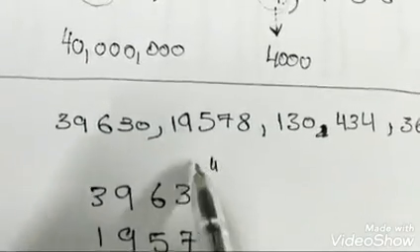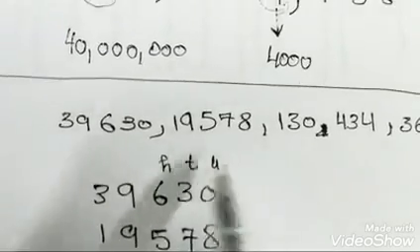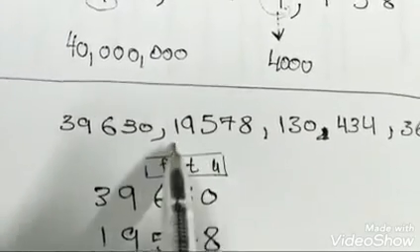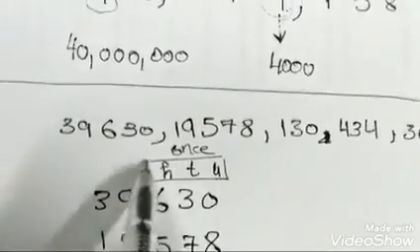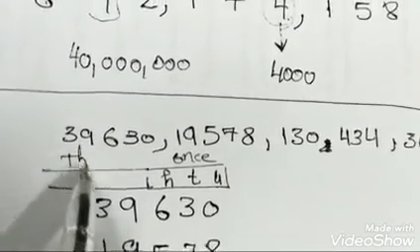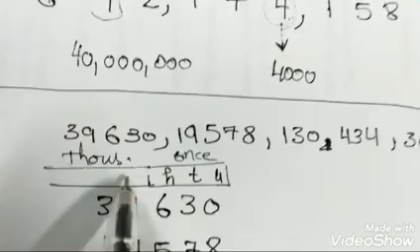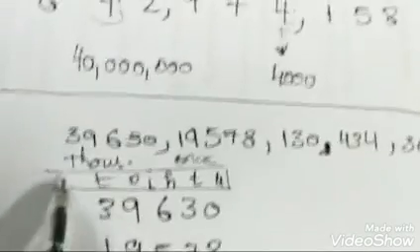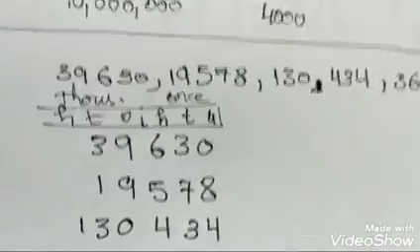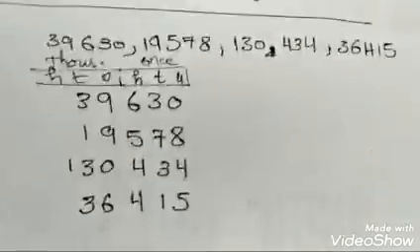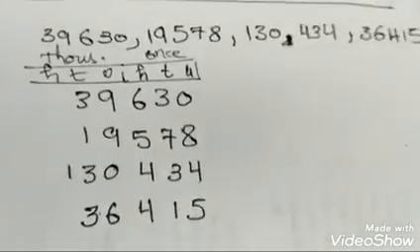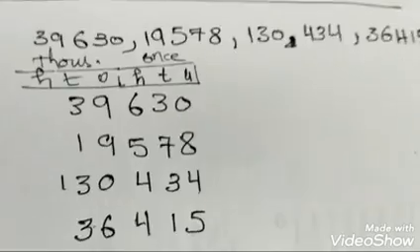This is the ones, tens and hundreds in the ones period. Then this is the thousands period. Now I have to compare between them, which is greater, which is smaller.